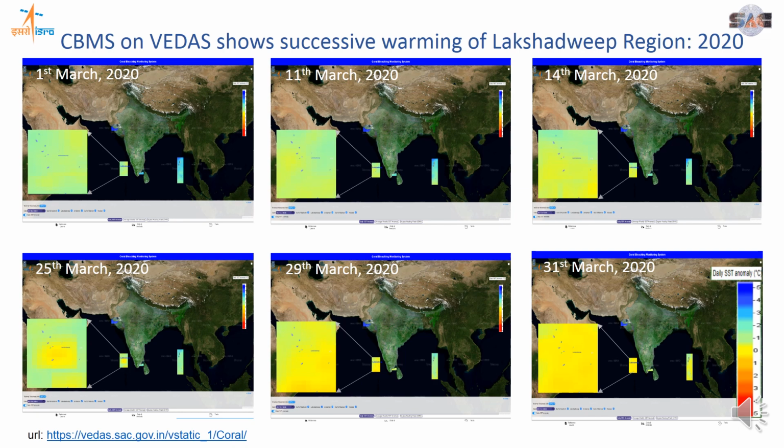Now, the coral bleaching monitoring system, which was customized on Veda's geoportal of SAC, showed a successive warming of the Lakshadweep region in 2020, right at the time when we were in lockdown due to the COVID pandemic.